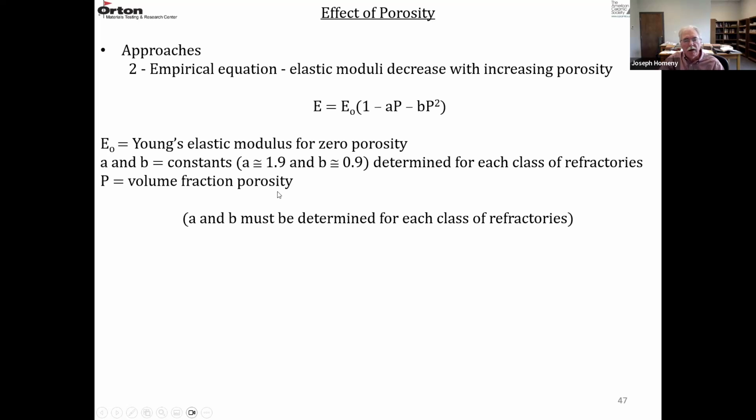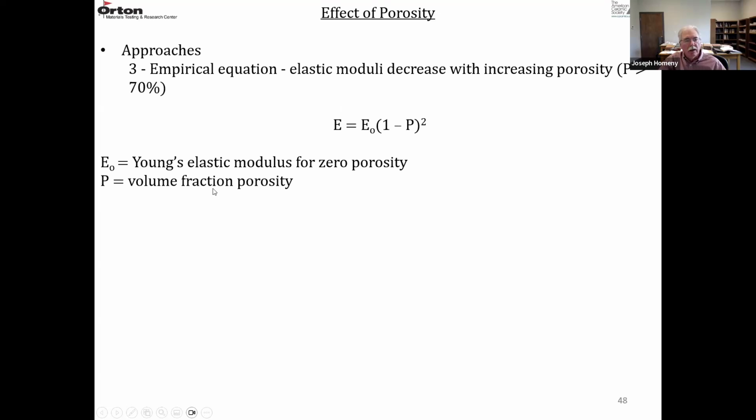P is the volume fraction of porosity again. A is usually about 1.9 and B is about 0.19. But really, for each type of refractory that you're examining, you need to calculate the A's and the B's. So A and B should usually be determined for each class of refractory.